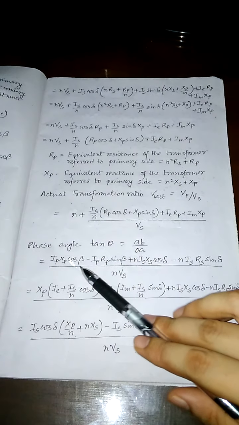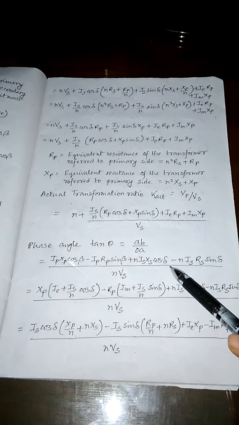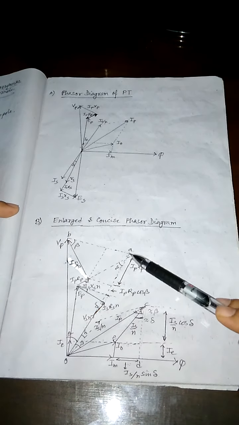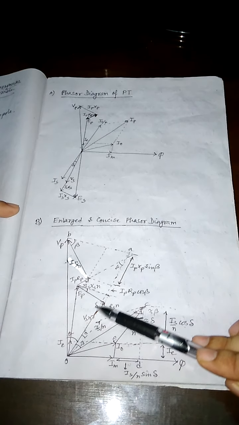So the total phasor AB is IP XP cos beta minus IP RP sin beta plus N IS XS cos sigma minus N IS RS sin sigma, divided by OA, which is considered as NVS. This is NVS, this is OA, that is the NVS phasor.